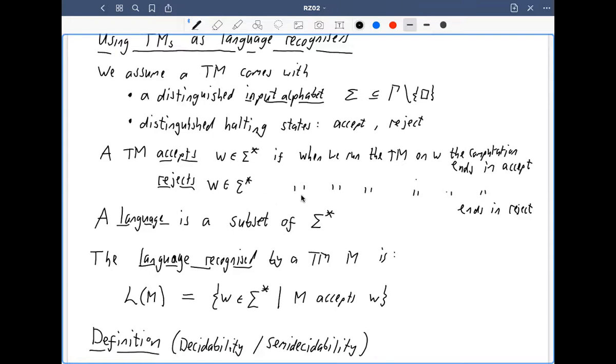Now, the standard terminology for this, there's a sort of linguistic terminology associated with this. We're giving words over an alphabet. Some of them are accepted and some of them are rejected.